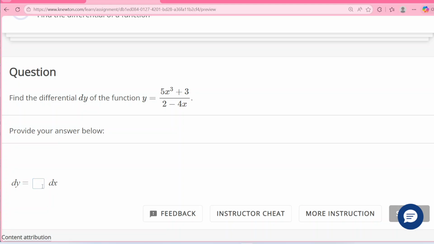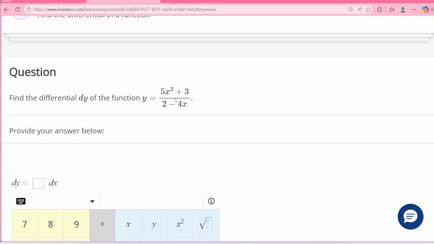So what's filling in the blank here is just your derivative, f prime of x or y prime of x. So this one here, what's filling in the blank is the derivative of this function with respect to x, y prime, and I'm just going to go through the quotient rule, and I'm just going to type it out as is without writing anything, because you should know the quotient rule by now.